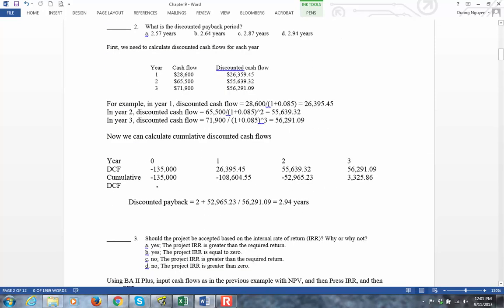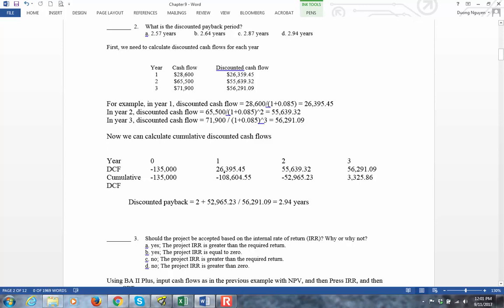So at the beginning of year 0 you need to recover $135,000. Alright. So the idea of the discounted payback or regular payback is to calculate how many years it takes to recover your money. So you need to recover $135,000 in year 0.